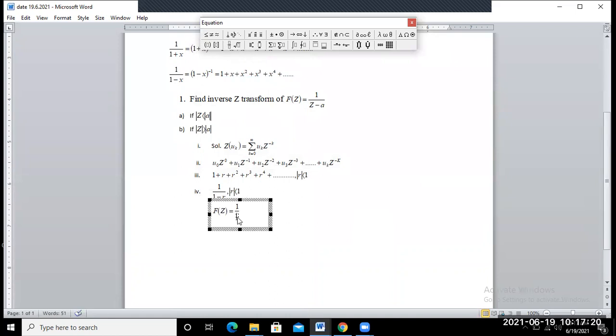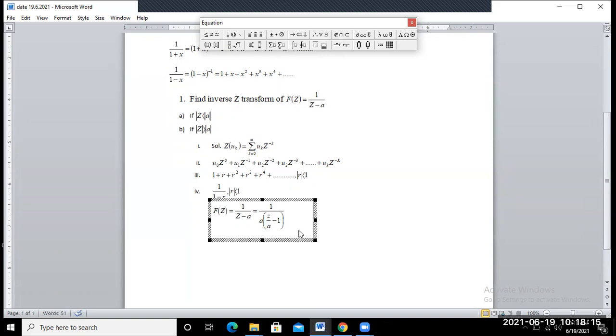If you take a common here, then we can write 1 by a into z by a minus 1, is it not?